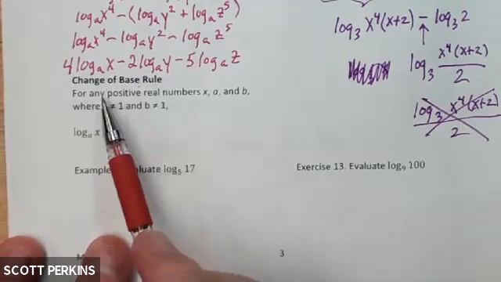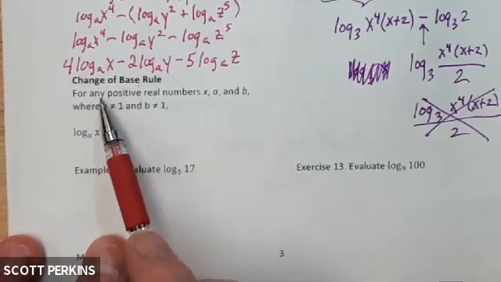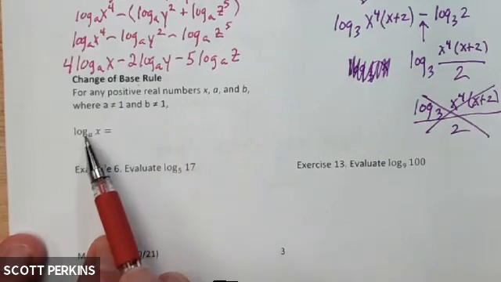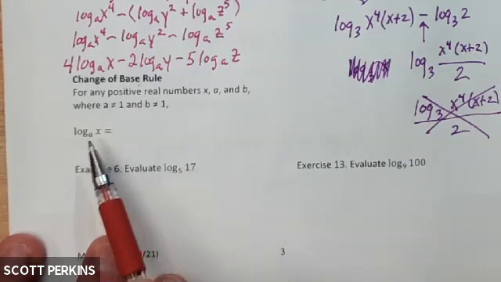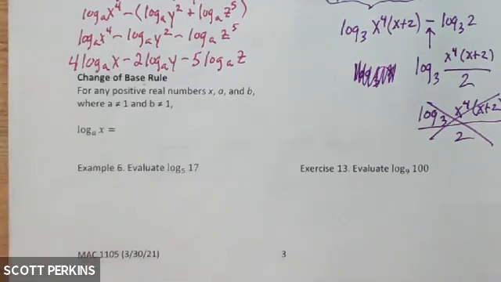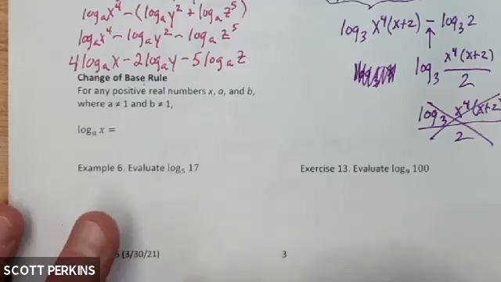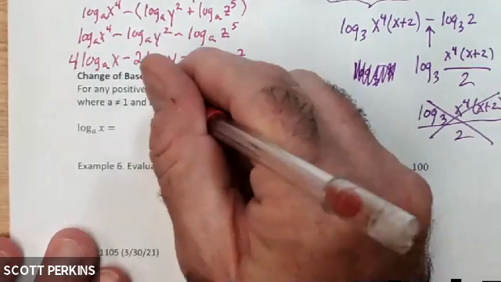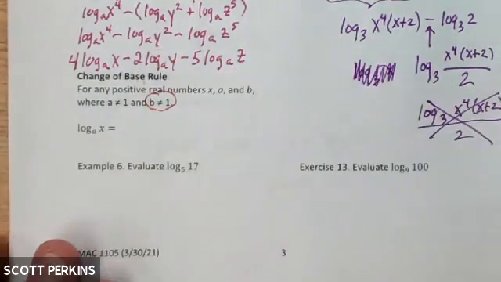What the change of base rule says is, again, with my positive values like we've said before, if I want to change my log base a of x into a new base like 10 or e so I can use my calculator, then this is how you do it. You're first going to pick your new base. I'm going to call that base b. That's why we have this letter, because you can change into anything.